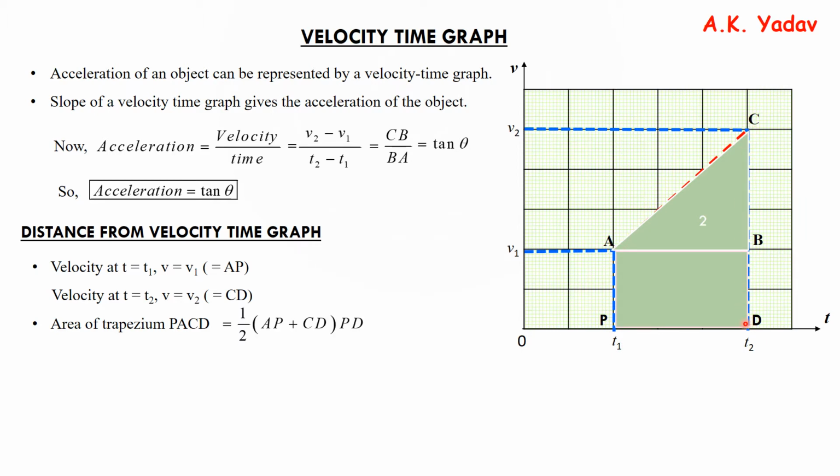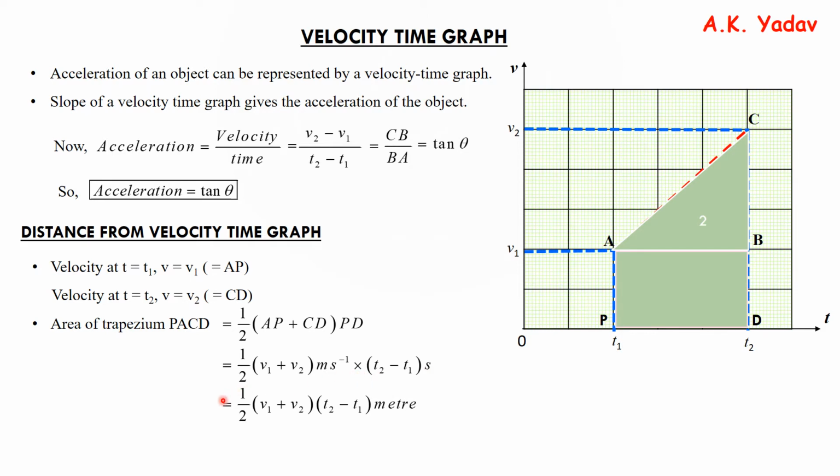That will be equal to half the sum of parallel sides, which are AP and CD, into the perpendicular distance, that is PD. Now AP is v1, CD is v2 and PD is t2 minus t1. Here this is velocity, that's why meter per second, and this is time, that's why second.